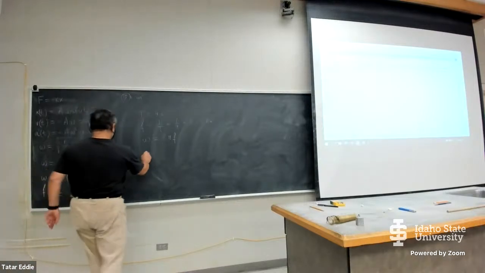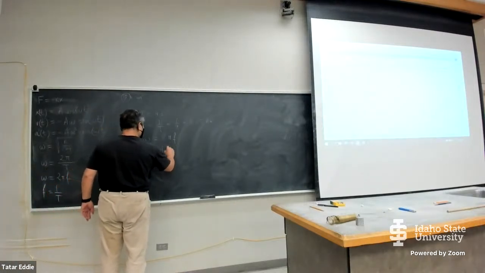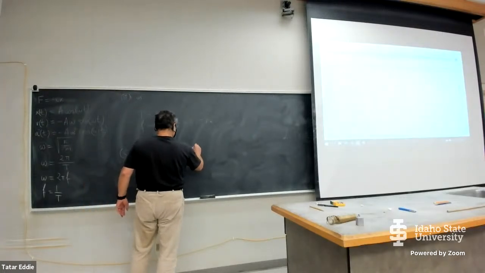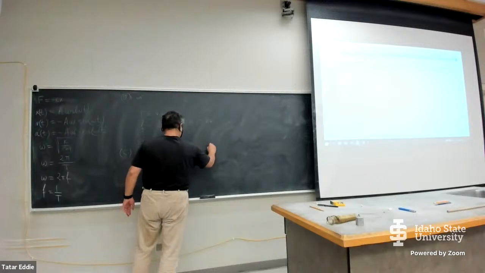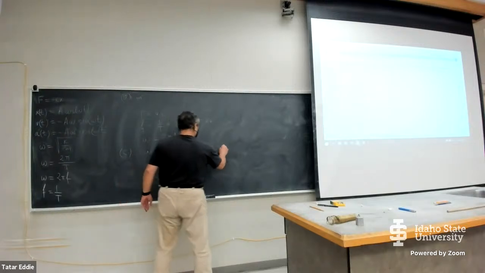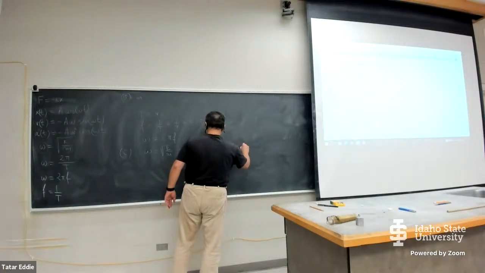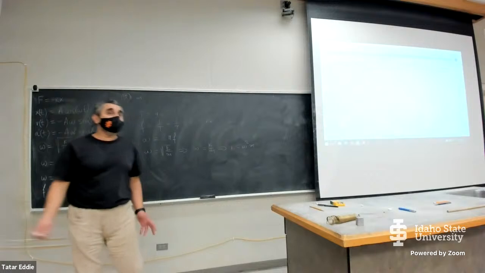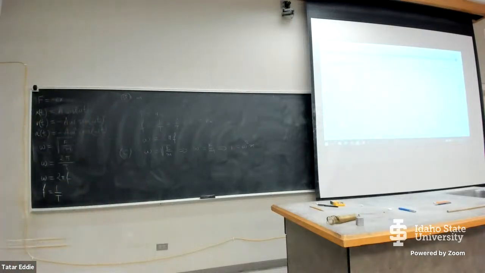So you can say, since omega is square root of k divided by m, it follows that omega squared is equal to k divided by m, from which it follows that k is equal to omega squared multiplied by m. Right? That's the spring constant. And m is the mass, of course.